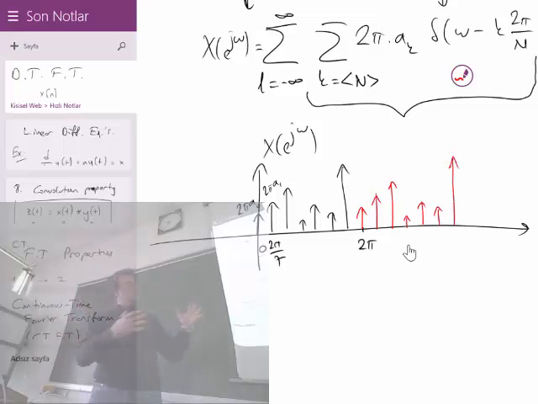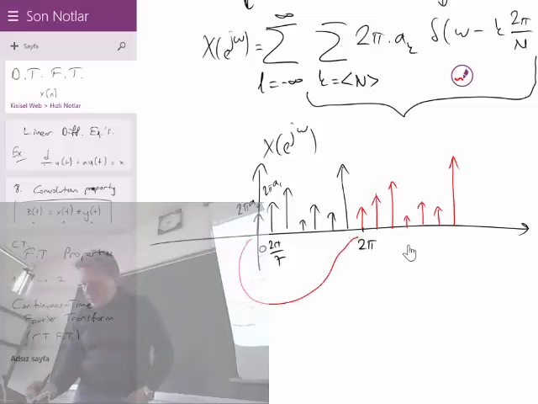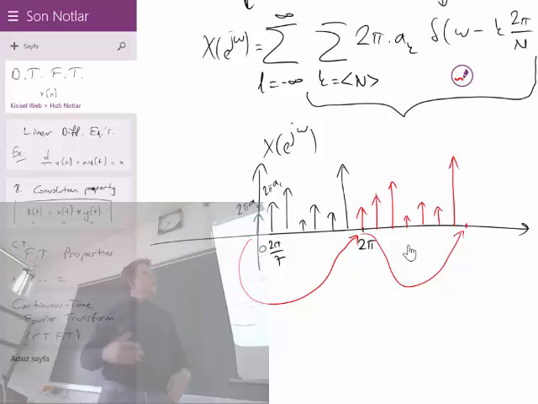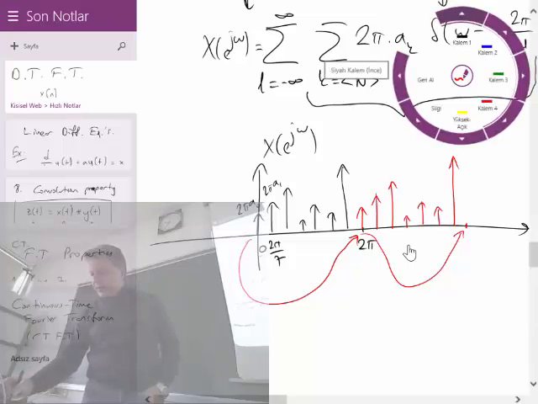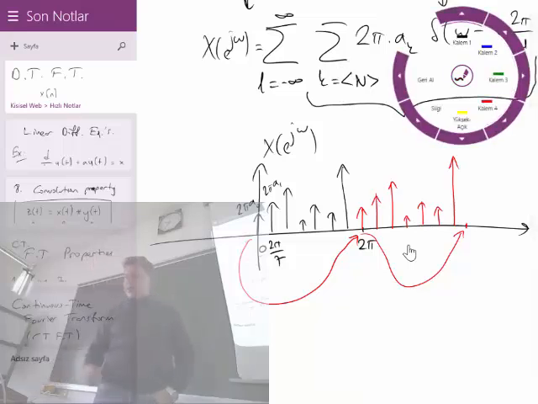Another replica with the reds this time. You can make another replica with the greens, etc. They are just 2 pi repetitions. So when you try to plot these things, this is what you get. And this 0 point will be identical to the 2 pi point, and it will be identical to the 4 pi point as well. Everything is 2 pi periodic, even the impulses.